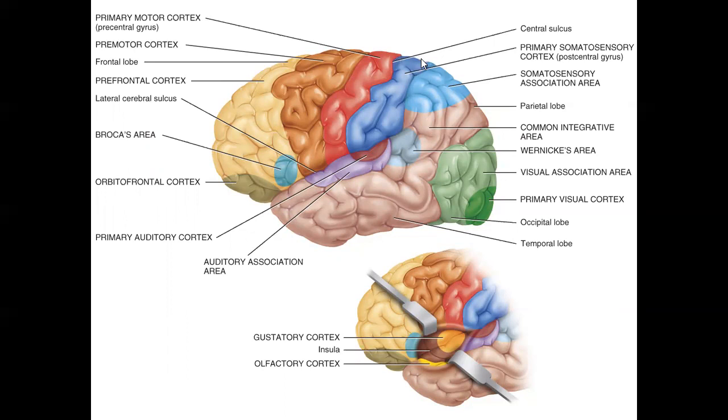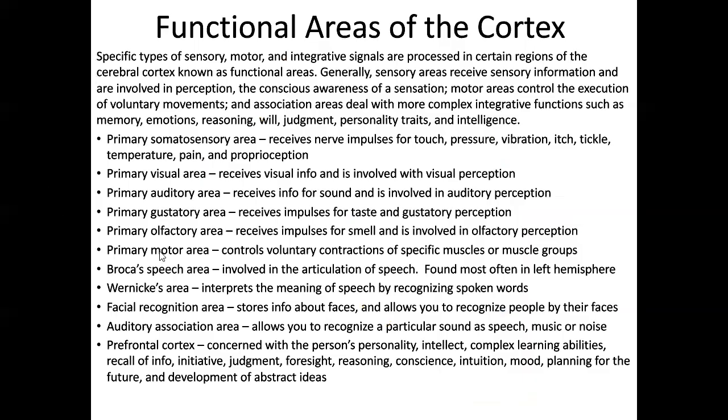No, yeah, it is postcentral gyrus. Sorry, I was thinking this was front. It's this shaded blue area. Okay. Whereas in front of that central sulcus, in that precentral gyrus, is the primary motor cortex or primary motor area. And that's where the signals that cause voluntary contraction of specific muscles or muscle groups originate.